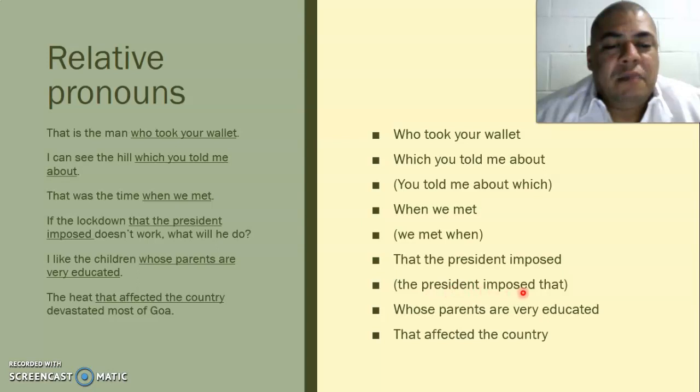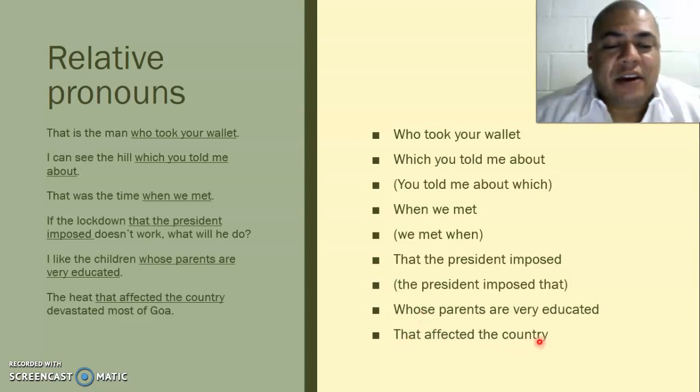The president imposed that. The president imposed what? That. So I say that relative pronoun acting as a direct object. Whose parents are very educated? Whose? This shows possession. If it shows possession, that means that this whose is a relative pronoun acting as a genitive.